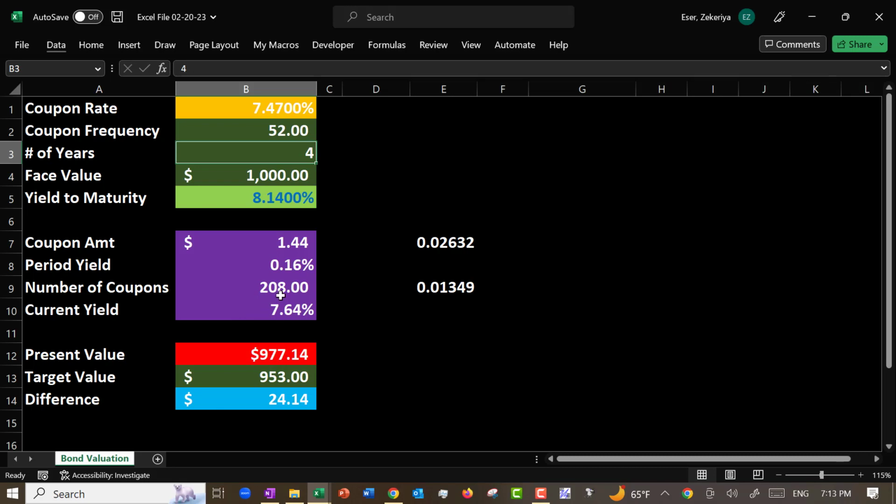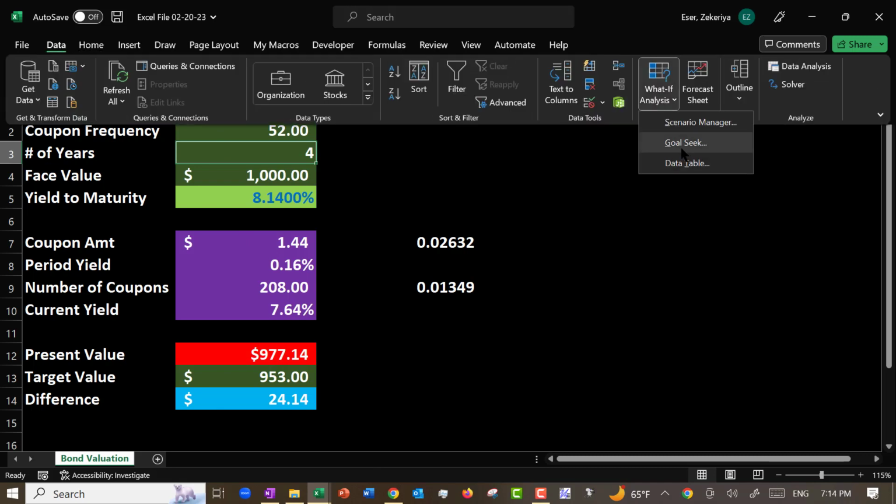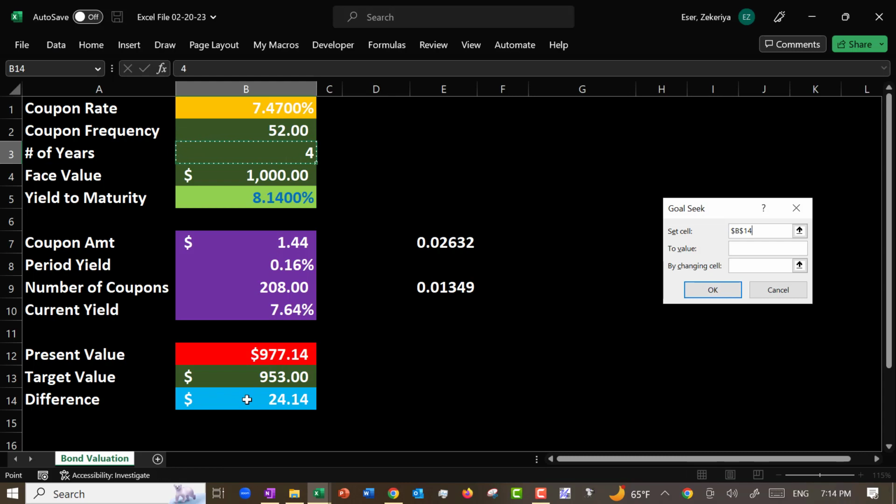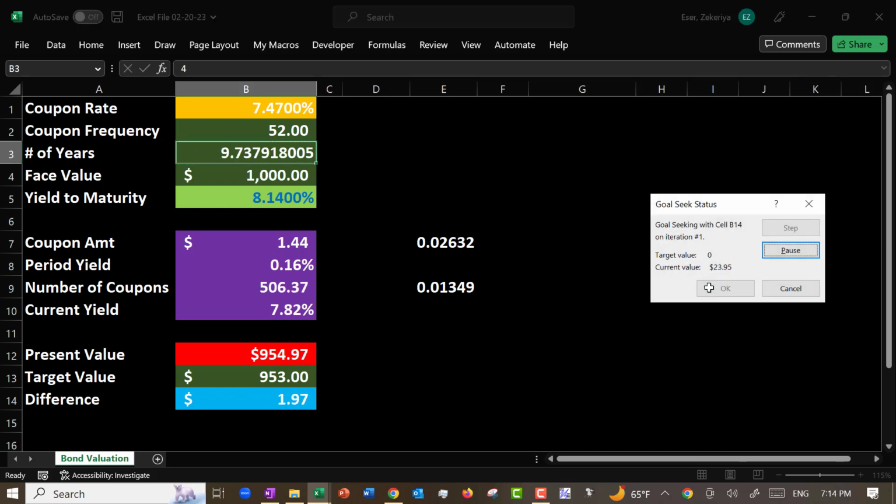Okay. Well, that's that number of years. Number of coupons is 541 something. Since the question is asking approximately, the answer is 541. And let's write our explanation here.